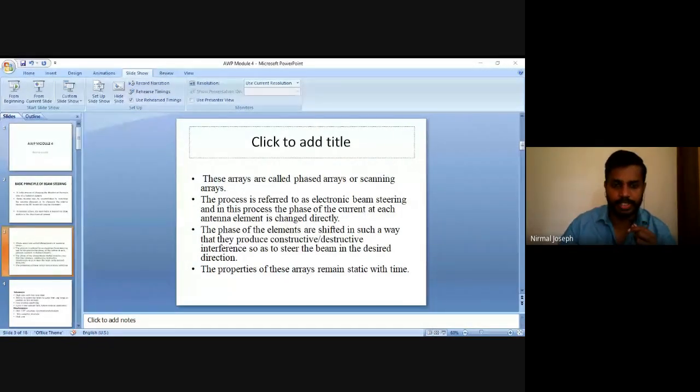Under this condition, what is going to happen? Yes, interference. Correct. They will interfere with each other.